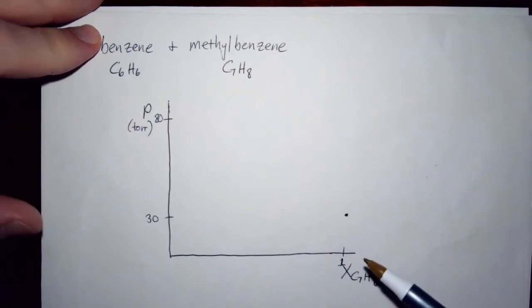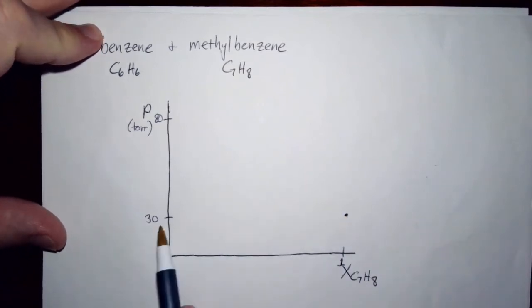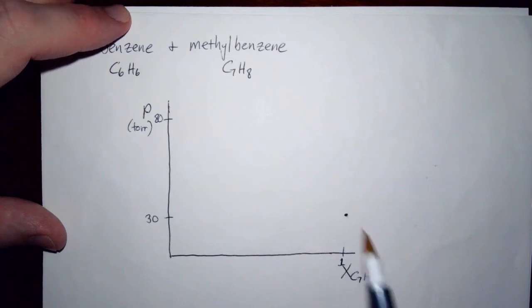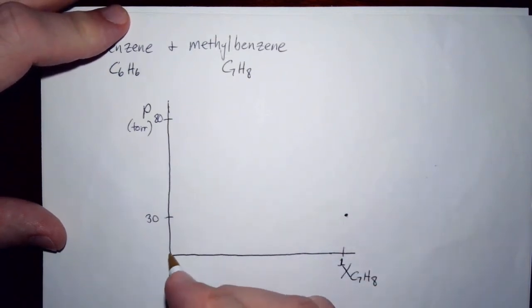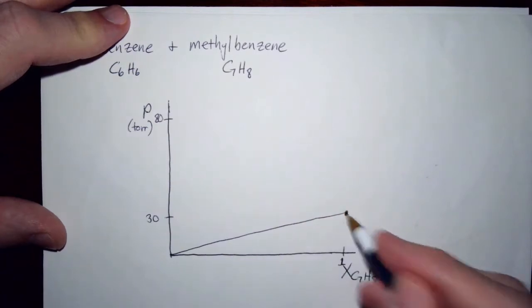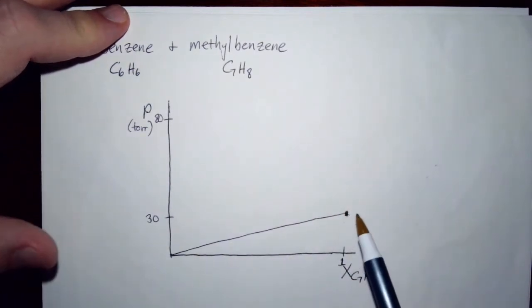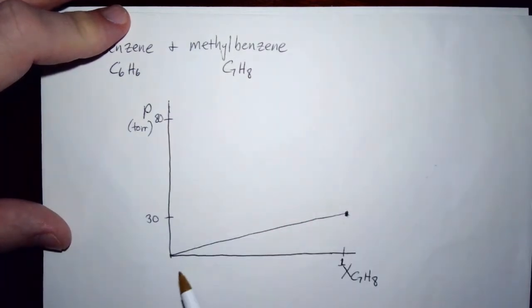Okay, so when we have pure methylbenzene, the pressure is about 30 torr. And as I decrease the mole fraction of methylbenzene, experimentally we get a nice straight line here. So methylbenzene is following Raoult's law. If I have pure benzene, that means I have zero methylbenzene, so pure benzene would be on the y-axis here.